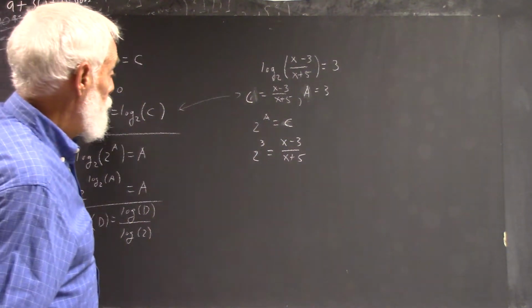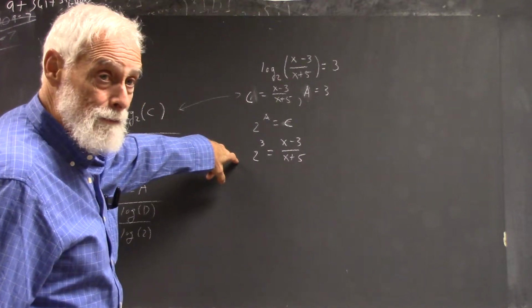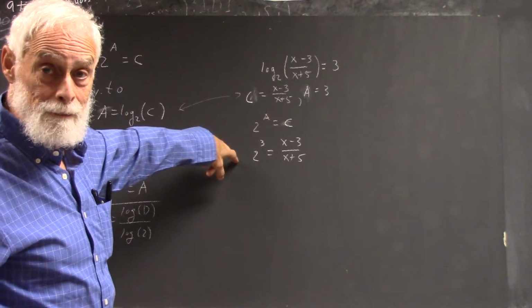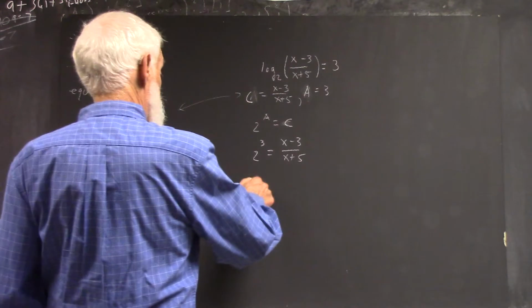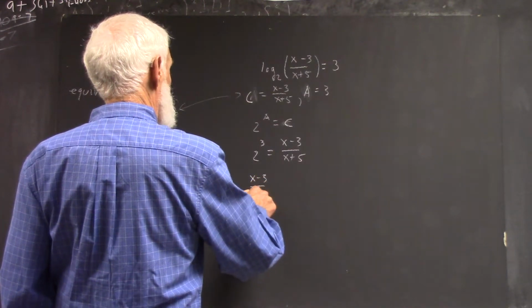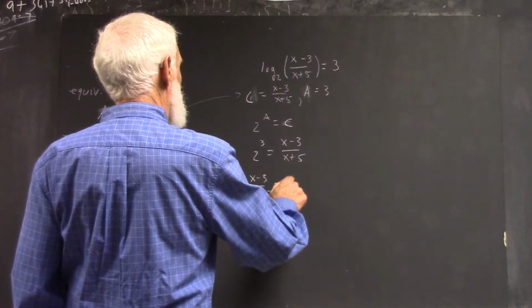Okay, so you have this. That's a simple equation. How do you solve it? Well, you write that as x minus 3 over x plus 5 equals 8.